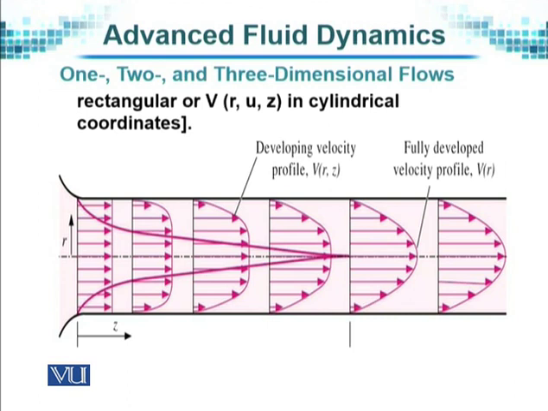As you move towards the central point where r is 0, it has the maximum value and it remains the same onwards. So this was just a description of 1 to 3 dimensions in cylindrical motion.